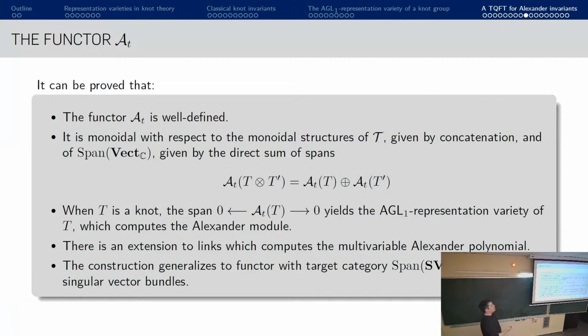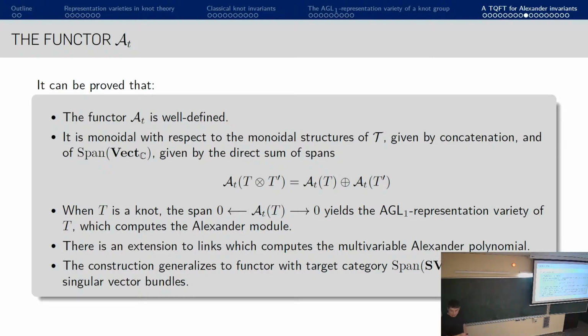And then anytime that you've got a knot, it's a tangle between the empty set and the empty set, so you get a span like that one. So everything is codified there, and that guy there is the AGL1 representation variety, which we've seen computes the Alexander norm. And then you can extend this to links, and then you can, instead of fixing the T, do everything at once for singular vector values.